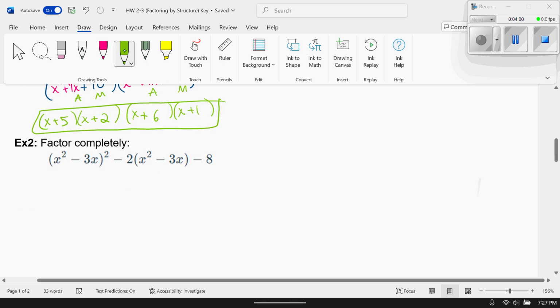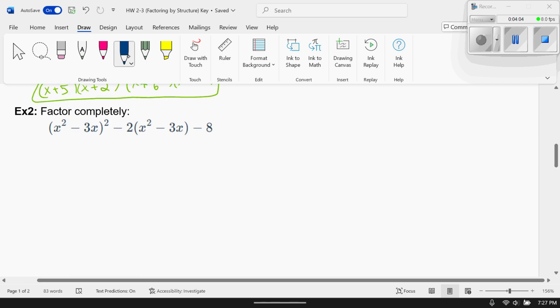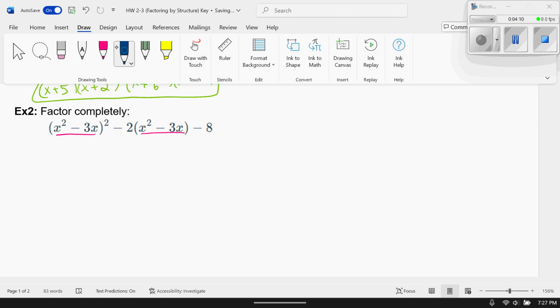We're going to try one more. So in the next one, I can see that they took x squared minus 3x and they put it in something more complicated. It looks like you have something squared minus 2 times something minus 8.